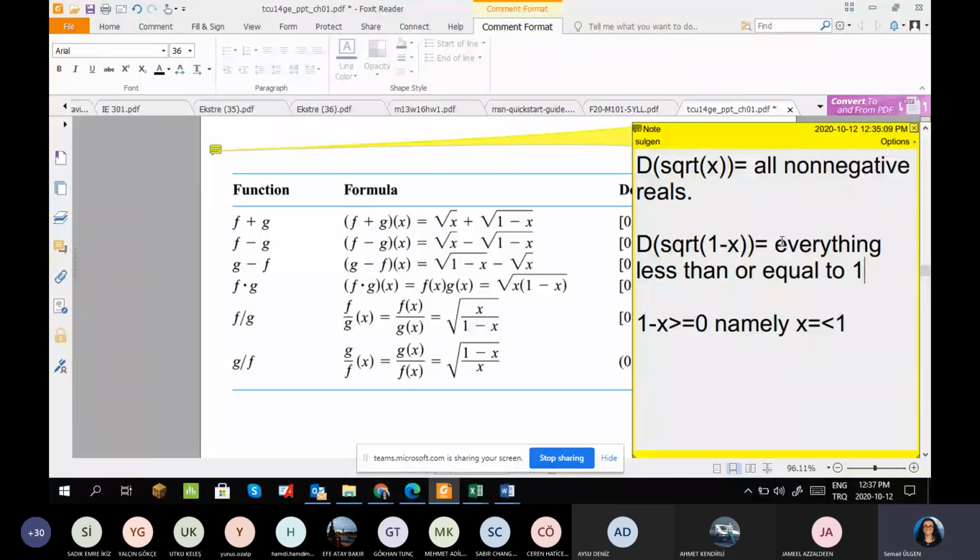So square root of x has the domain all non-negative reals. Square root of 1 minus x is everything less than or equal to 1. But how about if we add them up? What's the domain of the addition of the two? We have to add them up.